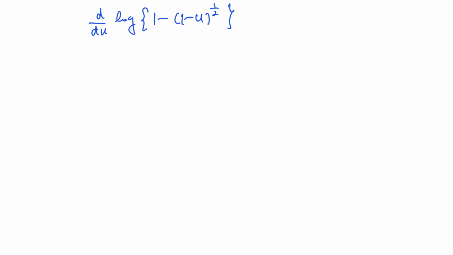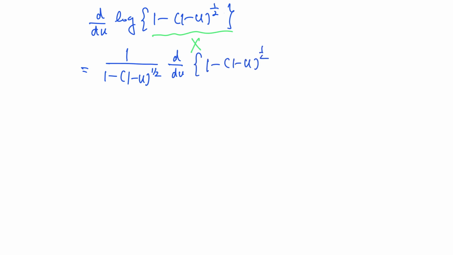So you can put this as something like an x. It's another chain rule, right? So what do you get? This is 1 over 1 minus u half. And du d 1 minus u 1/2, right?